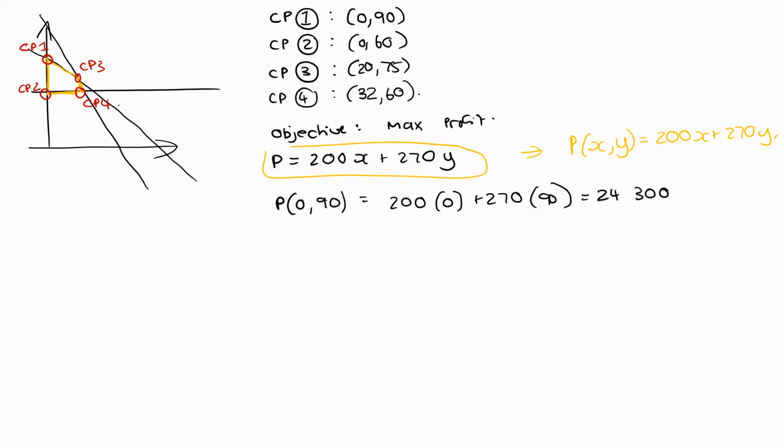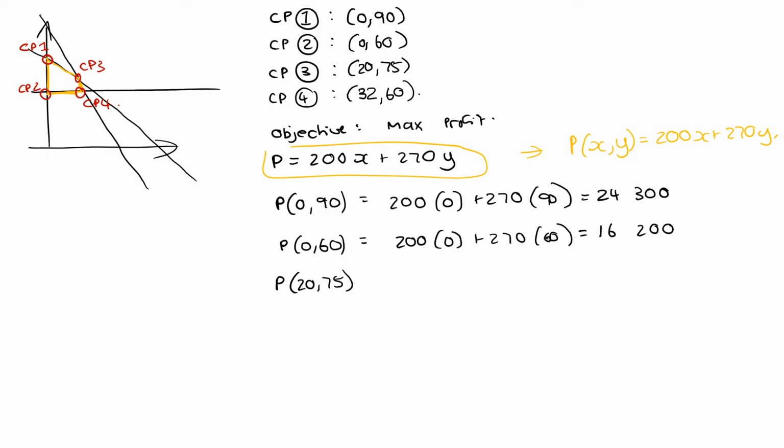Then we move on to the next corner point, 0 and 60. We have 200 times 0 plus 270 times 60, and that's going to give us 16200. Then we put in the next corner point, 20 and 75.